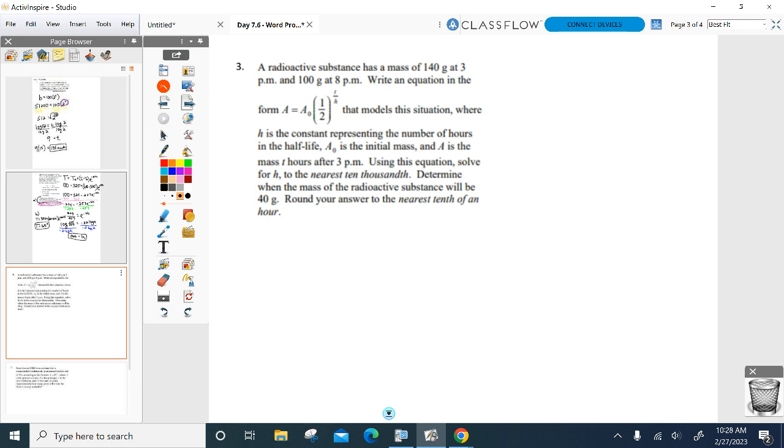All right, some substance starts off at 140 grams at 3 and then ends up at 100 grams at 8. So I start off at 140 at 3 and then by 8 o'clock it's down to 100. Here's the equation we're going to use.